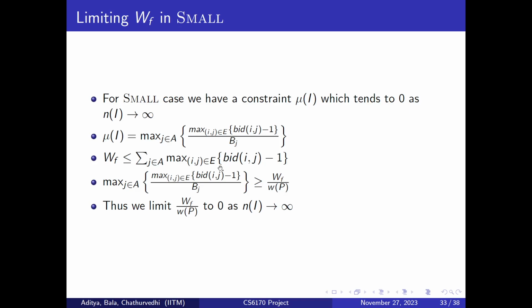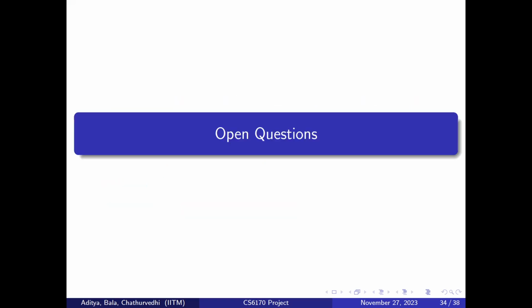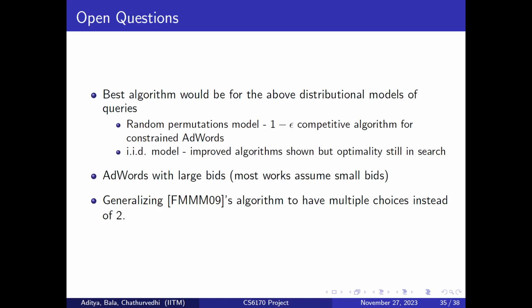And as i tends to infinity, we can say that W_f by weight of p also tends to 0 as it's lesser than u of i, limiting the amount of false money, which allows us to do the small bids case. Now we look at a few open questions given in the papers.